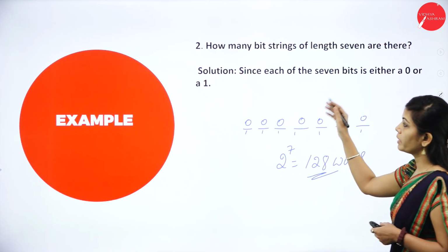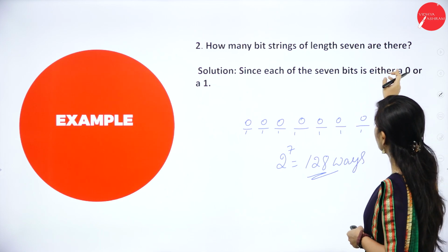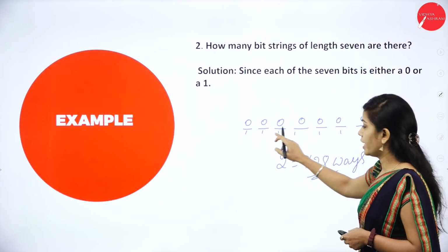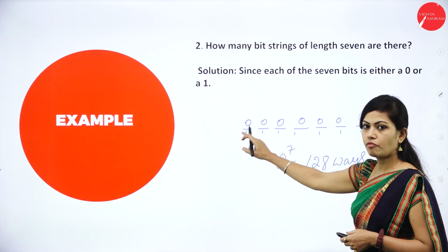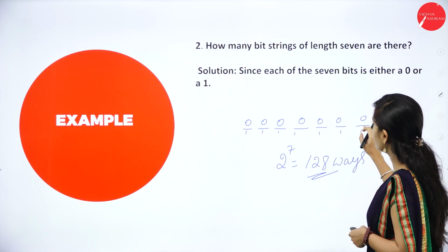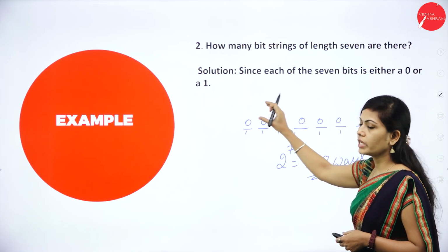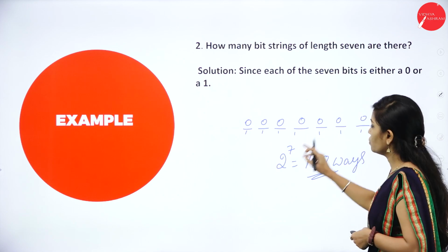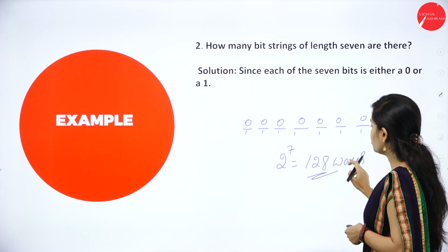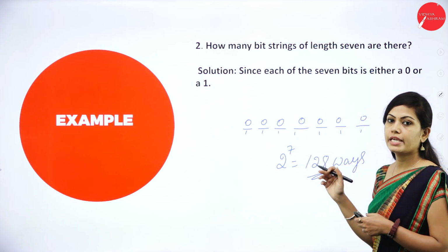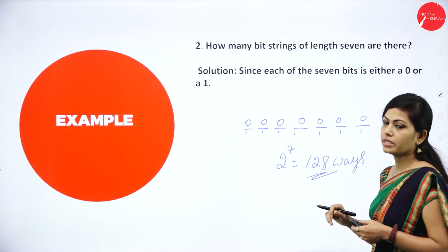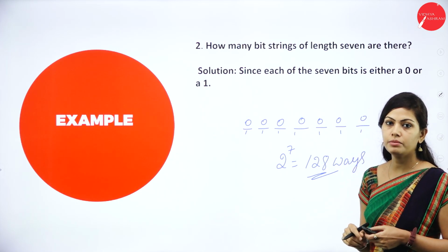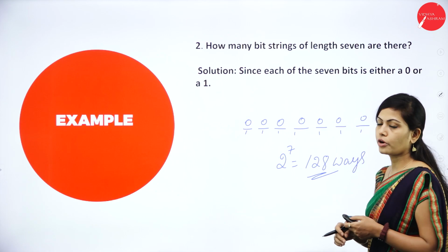So you can arrange the bit strings in a length of 7 bits in 2 power 7 ways. This is the product rule.